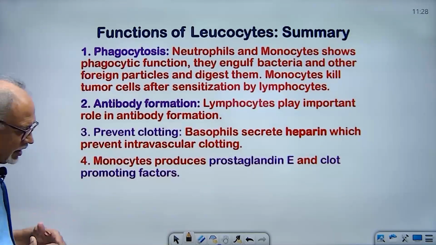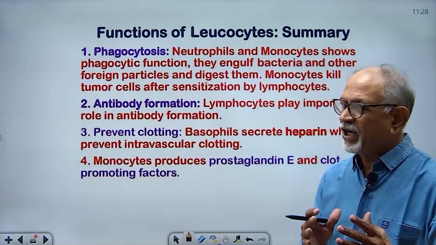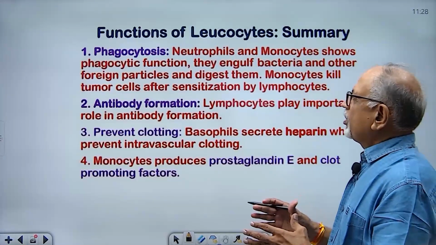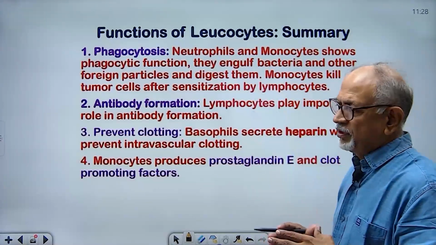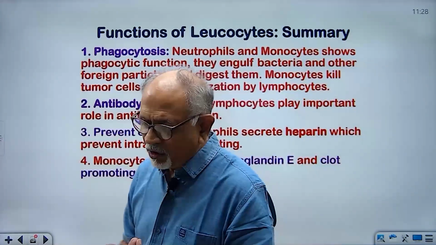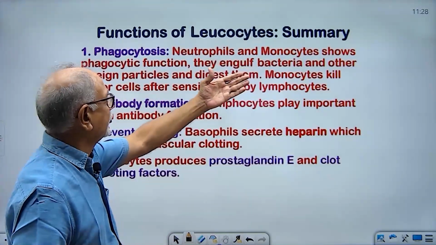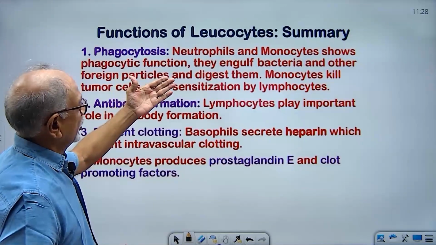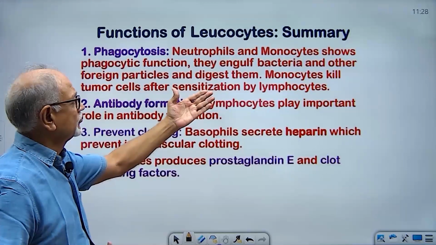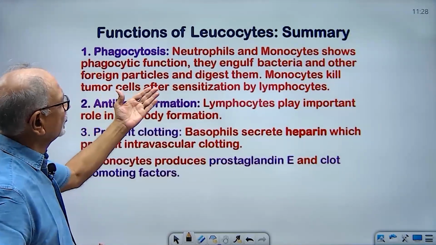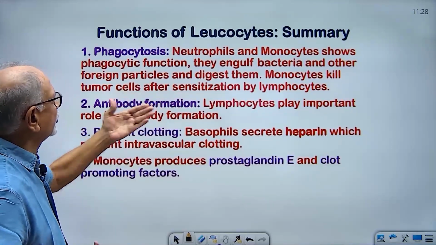Now, let us summarize the functions of leukocytes or white blood cells. One of the important and foremost functions of the leukocyte is the phenomenon of phagocytosis, by which the neutrophils and monocytes engulf the bacteria and foreign particles, and digest them. Monocytes kill tumor cells, and sensitization of lymphocytes, they are also instrumental in that.